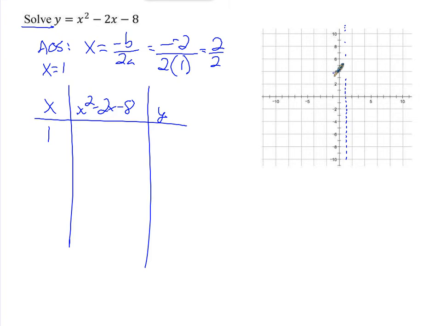What is that going to be? Negative 8. We know that the y-intercept is already right here at negative 8, which means we can reflect that dot over the axis of symmetry, and that will give us this dot right here. What number is that? Which x-coordinate is that right there?